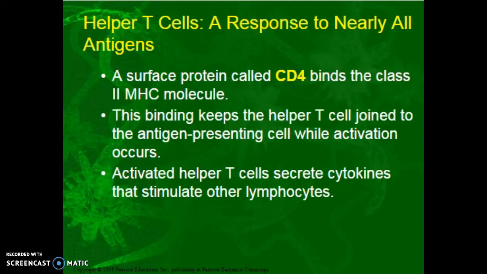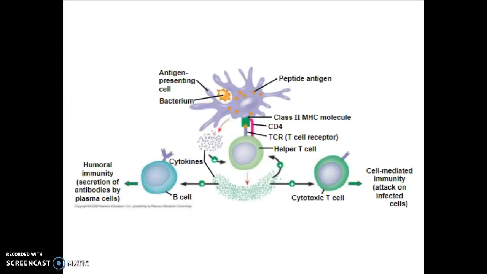I'm not just going to run to go see a doctor. I'm going to stay with that person and help that person until someone more qualified can show up and really help them. Same thing is happening here. The helper T cells are going to stay with that antigen-presenting cell until someone bigger and badder can come and destroy that cell. That's kind of what you're seeing in that picture.